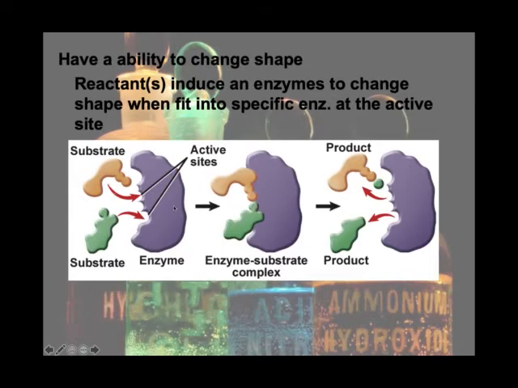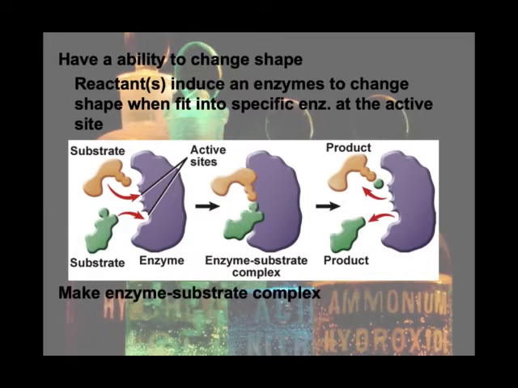Once they're fitted in there, they make something called an enzyme substrate complex. The reaction occurs, and then the products are kicked out, and this little knob that was on the green blob now is attached to the yellow blob. Those are the products, and notice that the enzyme is exactly the same as it was when it began.